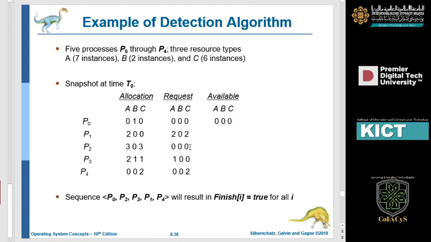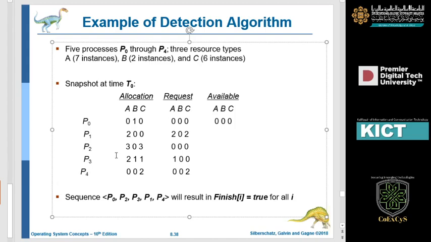So if we look at this one, what will allow any process to run? This process P0 requests 000, requests none. And P2 also requests none, which basically allows either P0 or P2 to move forward.